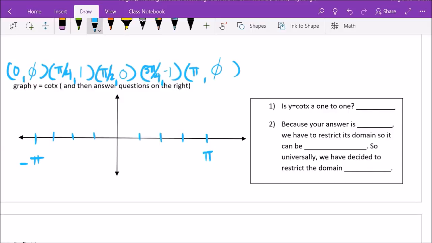Okay, here we go. I need asymptotes. Okay, pi over 4. Are you guys okay back there? Okay. 0, negative.